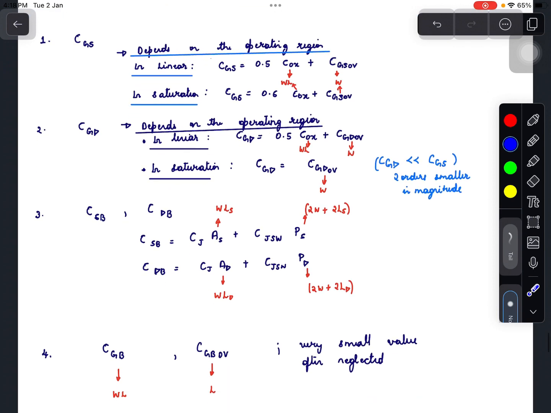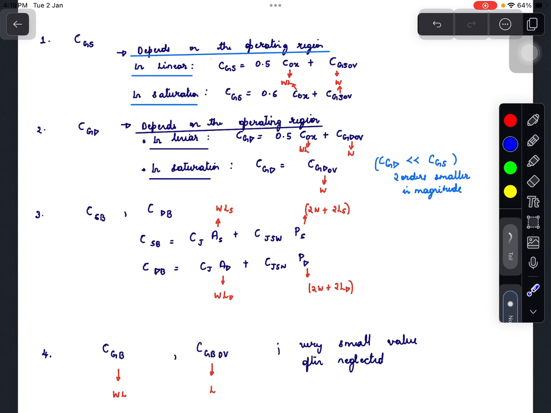The next capacitances are the source to bulk and the drain to bulk capacitances. They are given by this equation: CSB, that is source to bulk capacitance, equals CJ, the junction capacitance, times the area of the source, which is width times length of the source, plus CJSW, the junction side wall capacitance, times the perimeter of the source, which equals 2 times W plus 2 times length of the source.